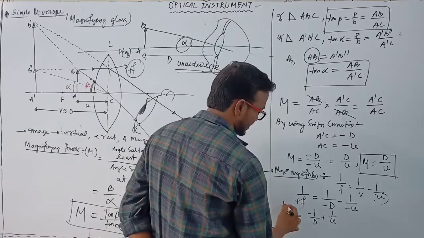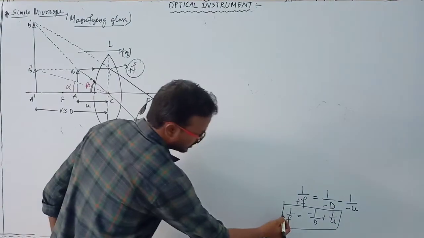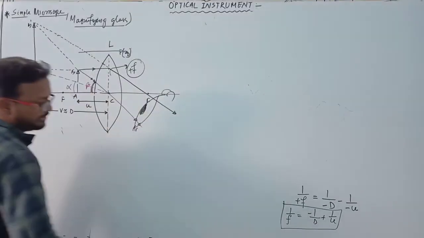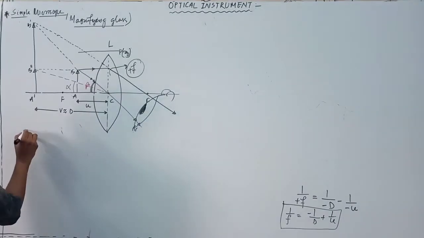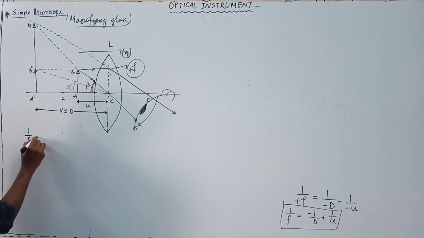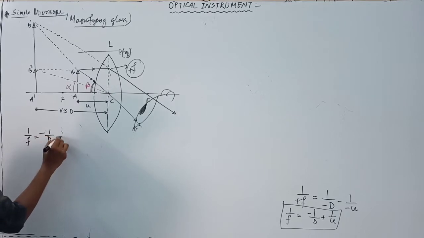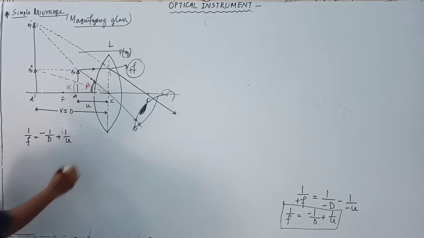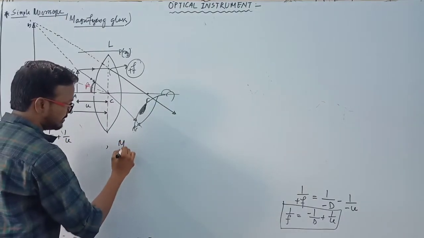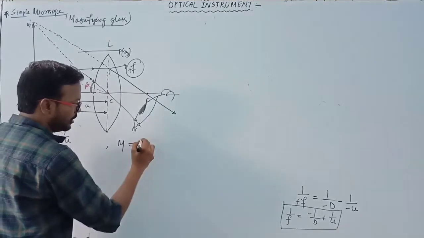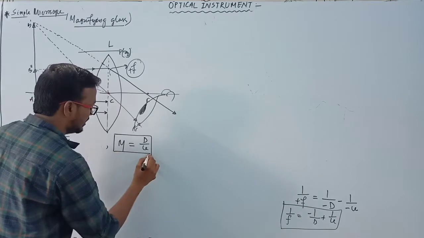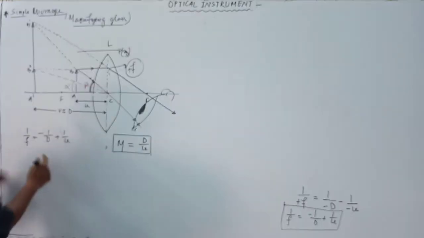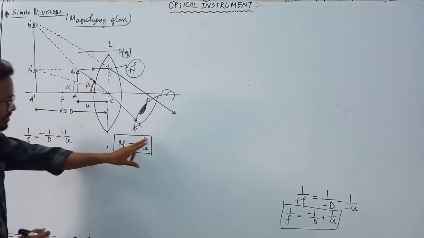Clear? This is the relation. So 1 by f equals minus 1 by d plus 1 by u. But we have the magnifying power m, which equals d by u. This is the general expression, and we have to solve this relation in terms of this format.